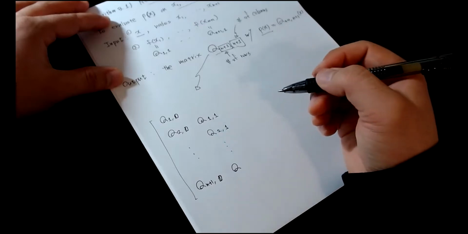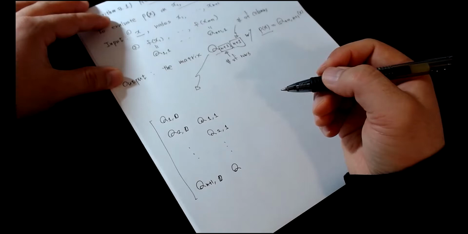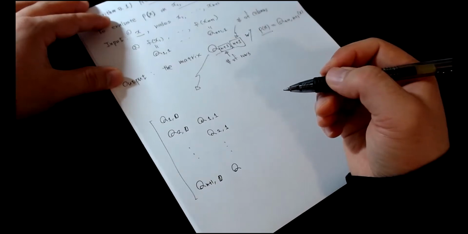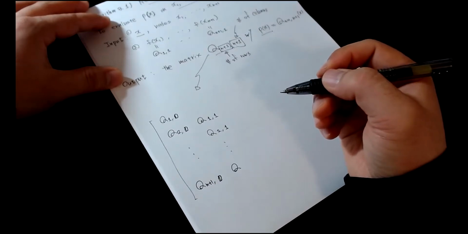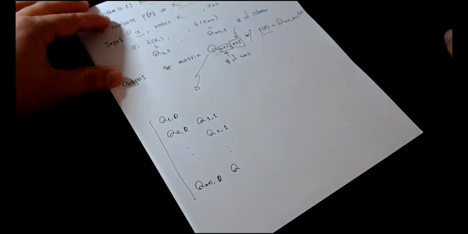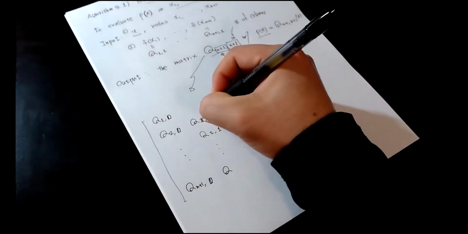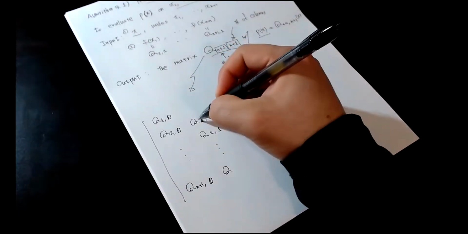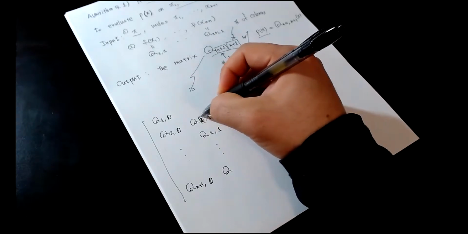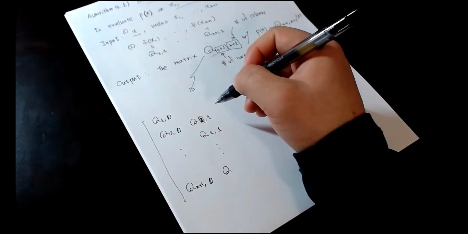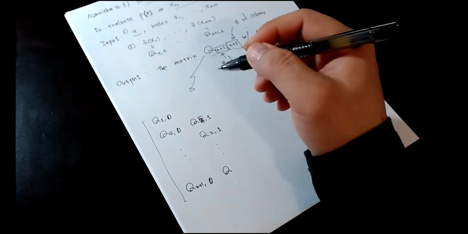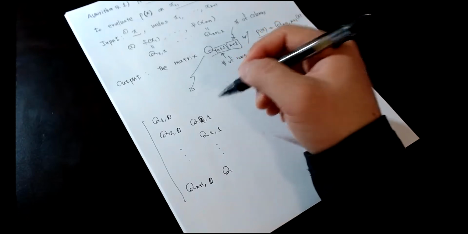Sorry, this should be 2, because for Q2,1 the first subindex means the number of the last node.